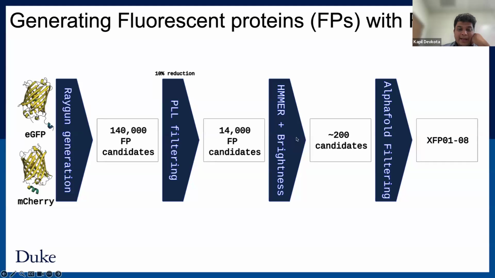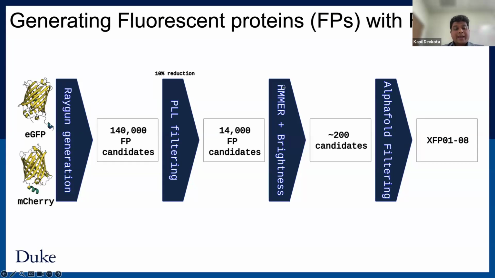So we used this pipeline. We exploited the high throughput of Raygun to generate 140,000 candidates for eGFP and mCherry. eGFP is a green fluorescent protein, and mCherry is a red fluorescent protein. We used the single shot PLL filtering that we described before to remove 90% of the candidates.